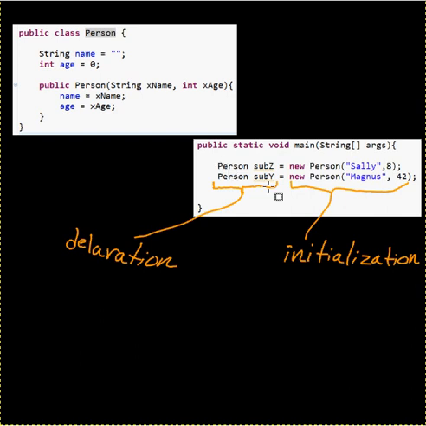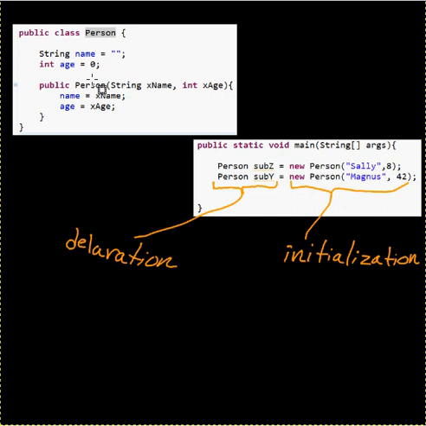So in here I have the sample person sub z equals new person Sally 8. You don't really need to worry about what the actual code means, but basically we're making people and each person has a name, which is a string, and an age, which is an int. So here we've made something called sub z, and that's a variable, and sub z is an object reference.